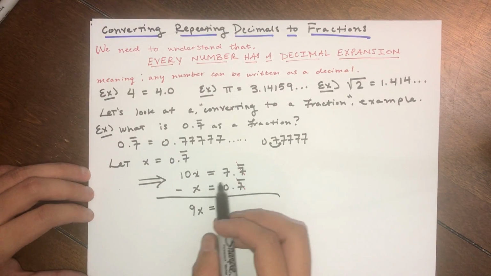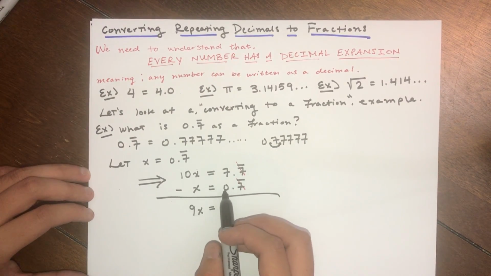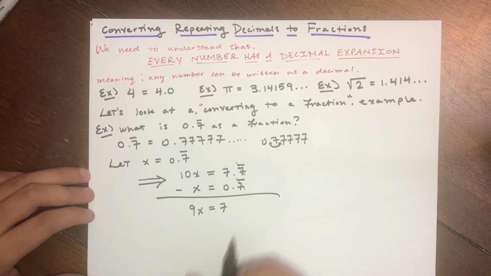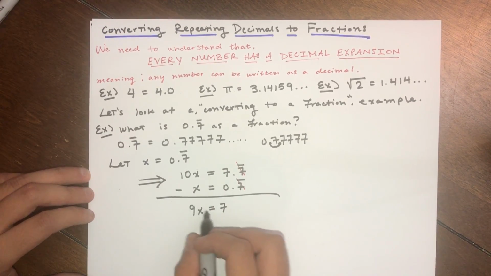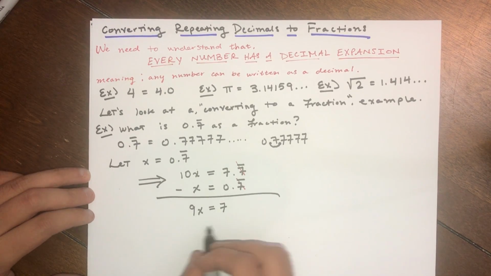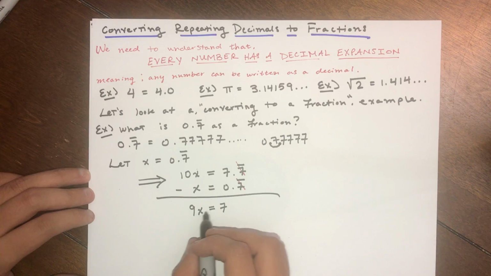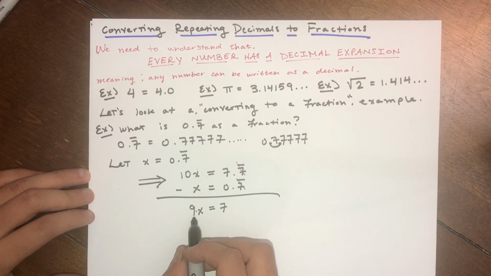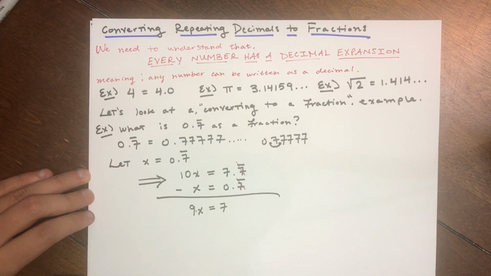So here we just end up with 7 minus 0, which is 7. All these 7s go away. Now we want x by itself. We have 9 times x equals 7; there's really a times there. To get rid of the 9, we do the inverse operation.